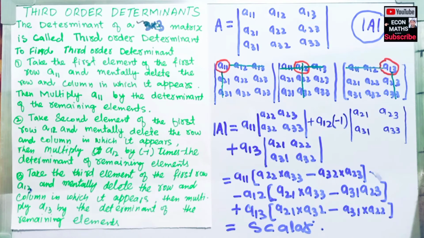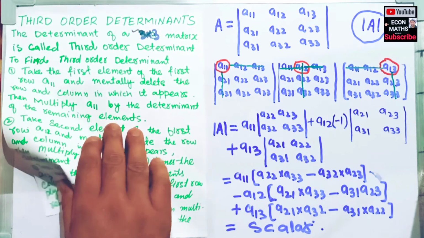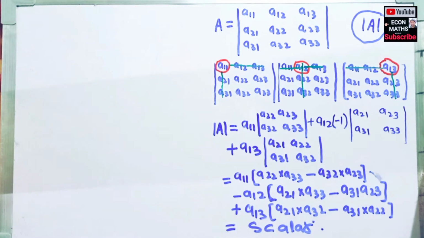So this is how the determinant of a 3 by 3 matrix is found. Now let me give an example.